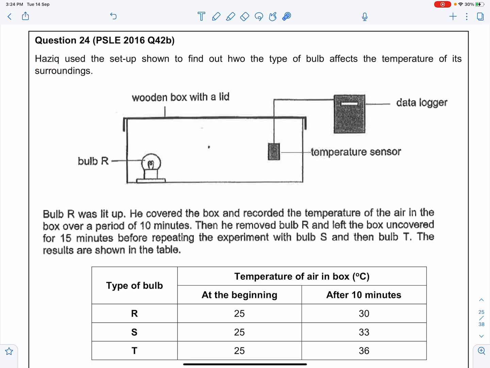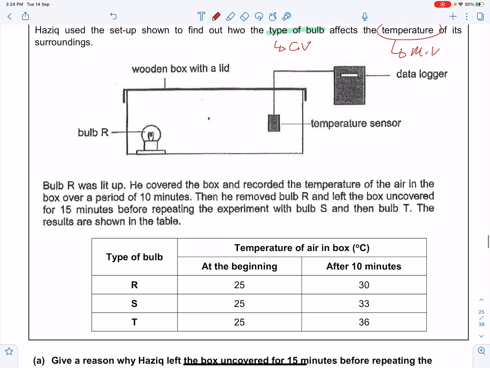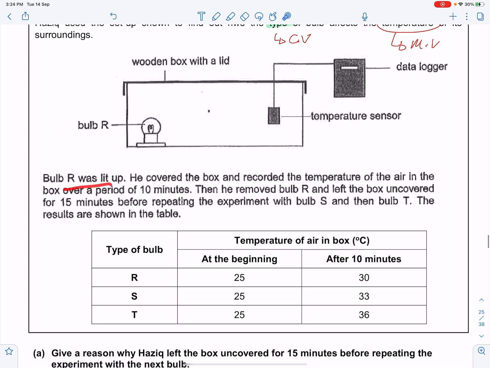Haziq used the setup below to find out how the type of bulbs affects the temperature of its surroundings. So based on the first part, I already know. Type of bulb is actually your change variable, and temperature would be your measured variable. Just based on the first line. Bulb R was lit up. He covered the box and recorded the temperature of the air in the box over a period of 10 minutes.